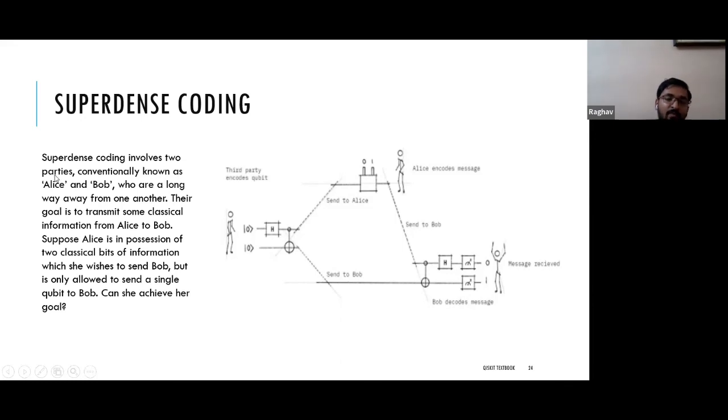Superdense coding involves two parties, conventionally known as Alice and Bob, who are far away from one another, and their goal is to transport some classical information from Alice to Bob. So how can she achieve this goal? A third person, Charlie, will entangle their qubits.